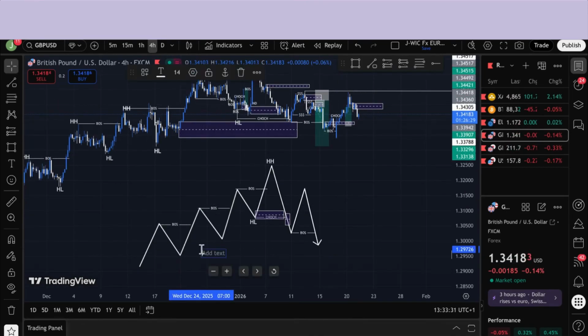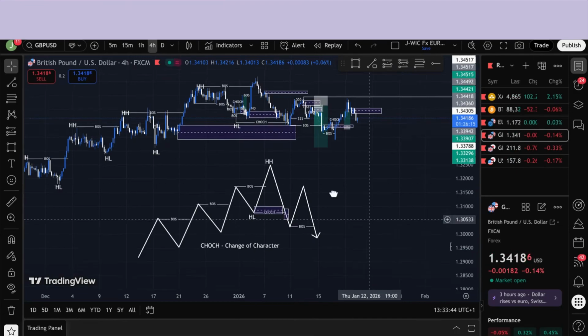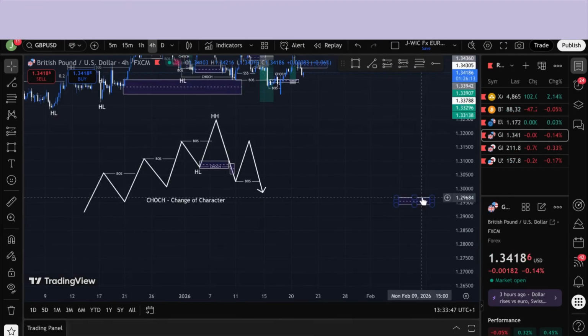In short, change of character. The same thing applies to a bearish system.